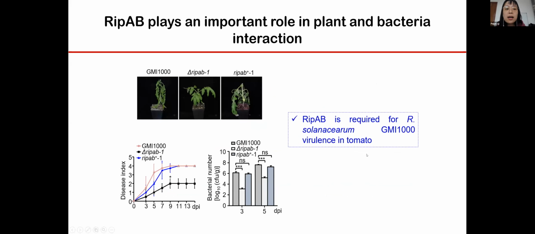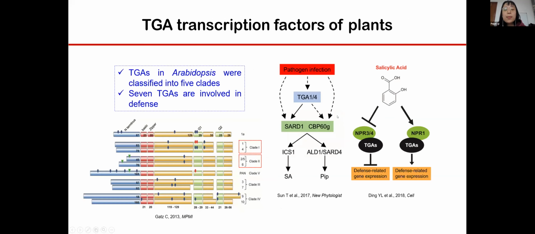To check the importance of RipAB to Ralstonia's virulence, we generated RipAB deletion and complementation strains, and we found the RipAB deletion strains completely lost virulence and could barely grow in tomato Moneymaker, while the complementation strains could restore virulence. So RipAB is required for Ralstonia's virulence.